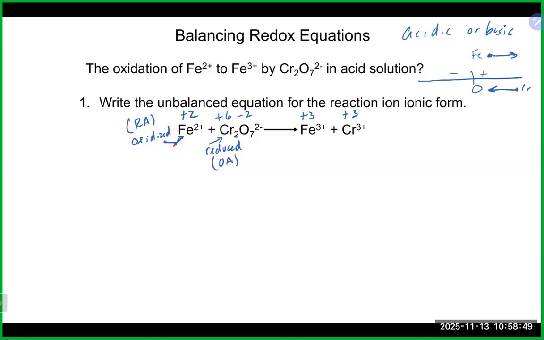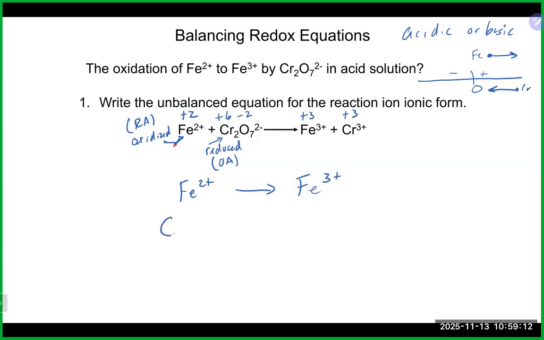All right, so the first step after sort of having a good idea of what everything is and what's going on is you want to take the reaction and split it up into the two half reactions. Very simple way to do that is just find the same elements and put them together. So I have an iron on the left and I see an iron on the right. So those two should go together in a half reaction.